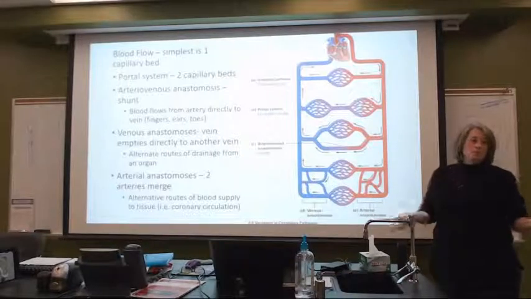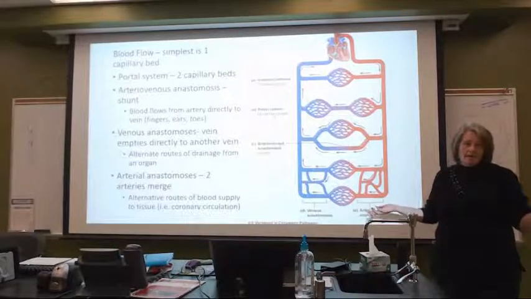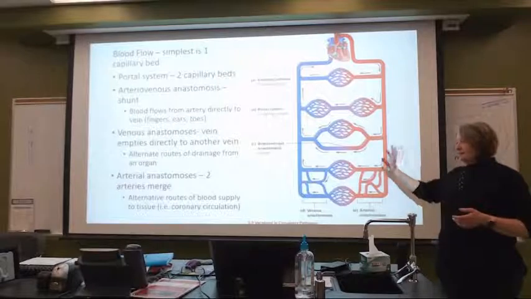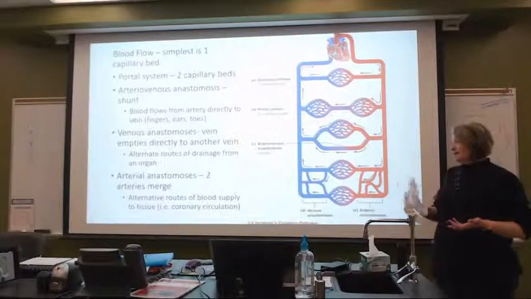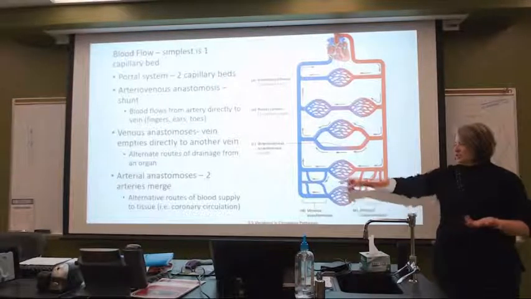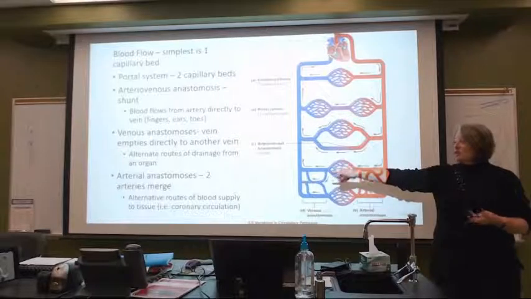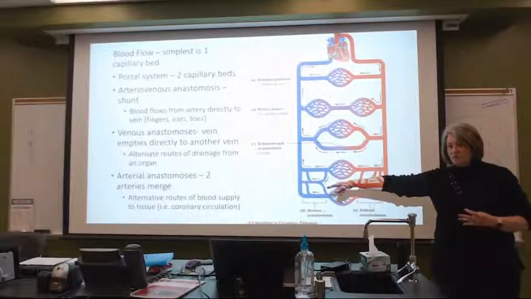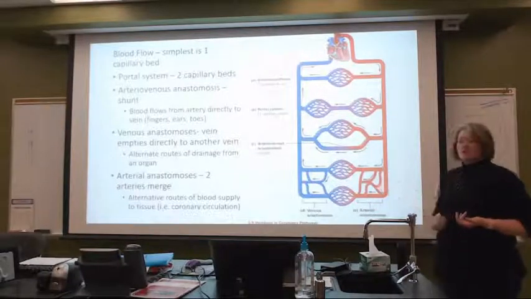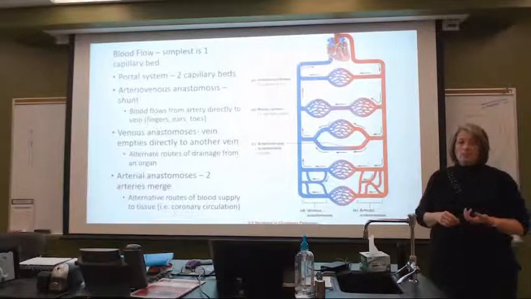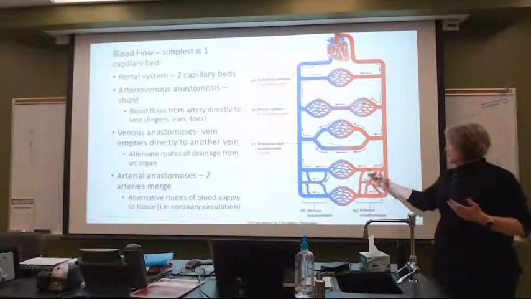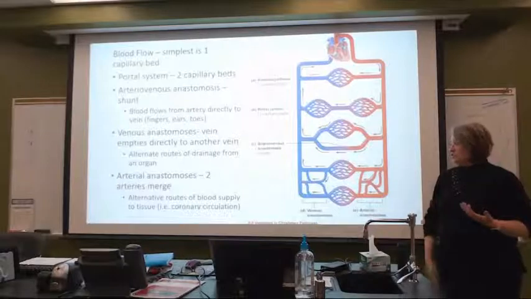It can happen with some of the organs of the body in times of need, but that's not really going to be that much of an issue. We can have an arterial anastomosis where it goes from an artery to an artery, all right? And by basically not going to the veins just yet.